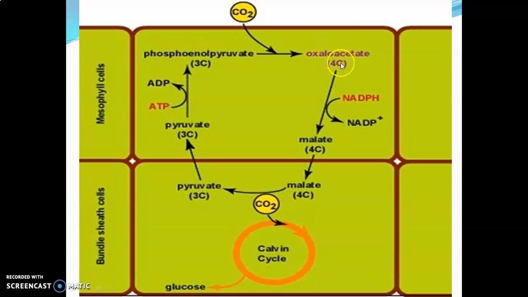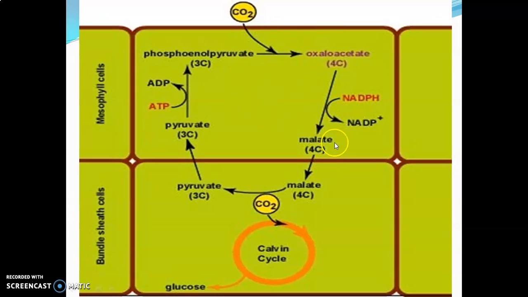Now this oxaloacetic acid is converted into malate. This is a reduction reaction in which NADPH is converted to NADP plus, and the four-carbon compound malate, or malic acid, is formed.